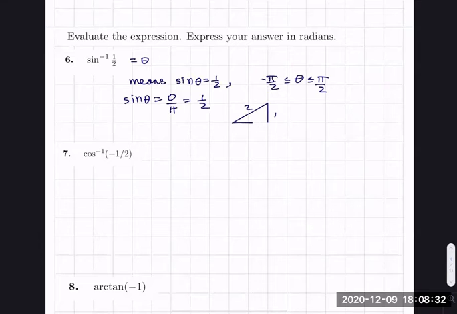Here's 1 and 2, and if this is a 30, 60, 90 triangle, and the short side is 1, the long leg is root 3, and the hypotenuse is 2, and so we see that theta is equal to 30 degrees, but we want to write our answer in radians.